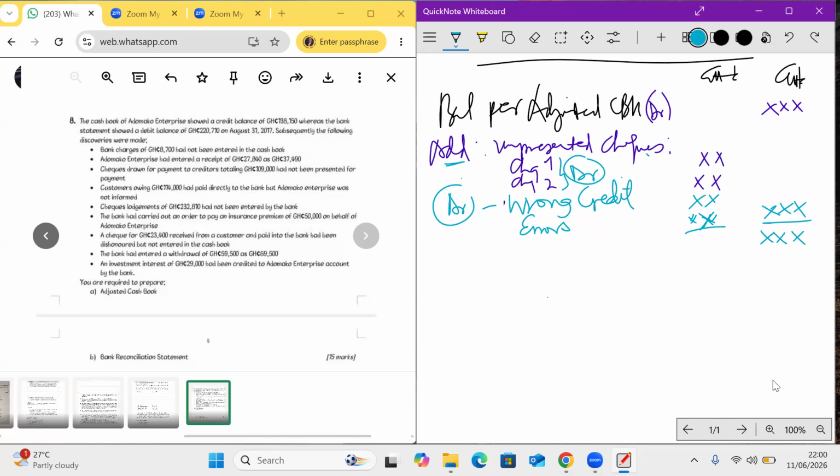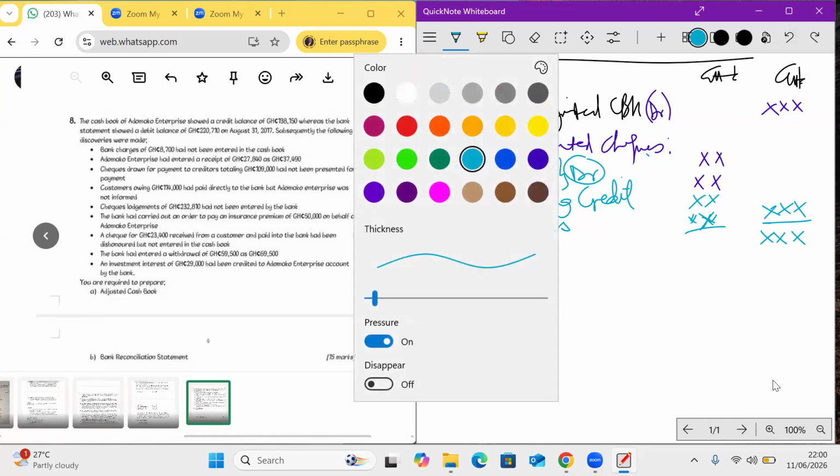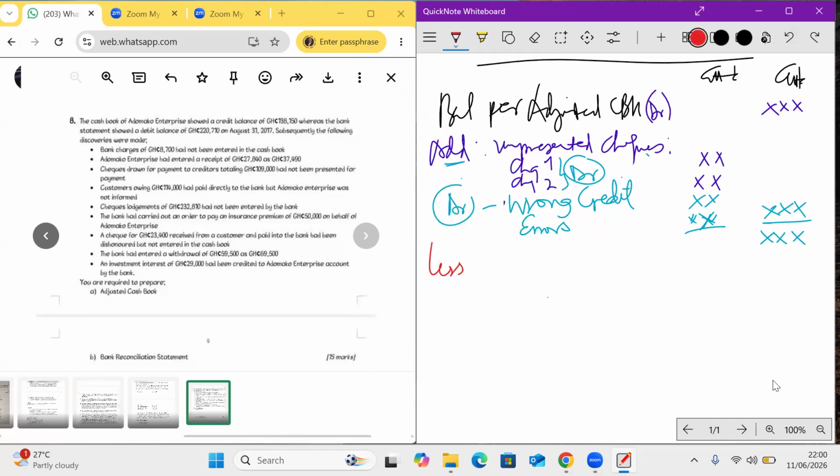Number two, we will say less uncredited checks. The unpresented checks and the wrong credits are issues which are debiting on the bank statement.